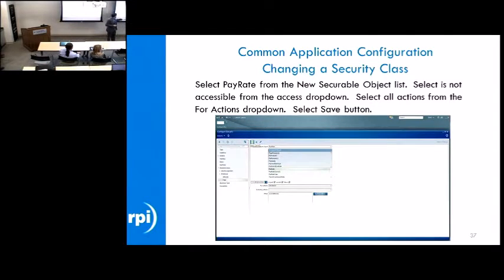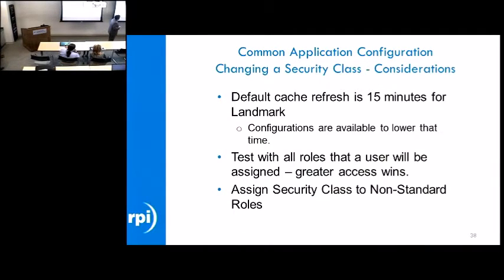So usually you don't want to give pay rate access to any of those times, and then we want to do it for all actions, which is inquire, delete, change, add, any of those actions. All right. So then we select save button, and so we've modified a security class.